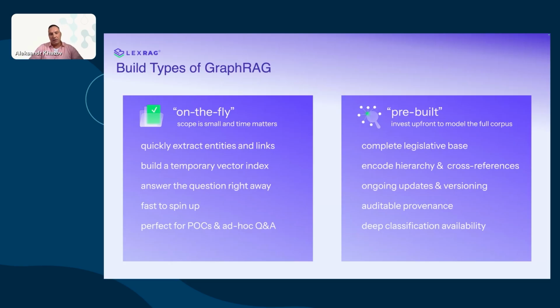Let me stop a little bit more on this slide to better explain the advantages and disadvantages of each type of GraphRAG build. First of all, on-the-fly GraphRAGs can be very quick to compose.